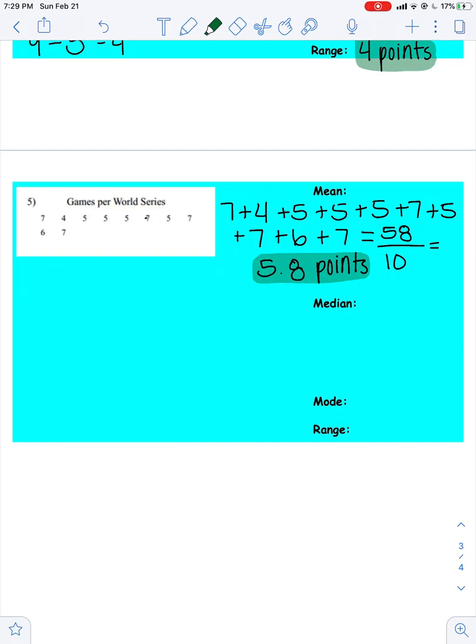Okay, then our median, we are going to list from lowest to highest again. So my lowest is 4, which I have 1 time. And then I've got 5, 4 times. I have 6 once, and then I have 7 4 times.